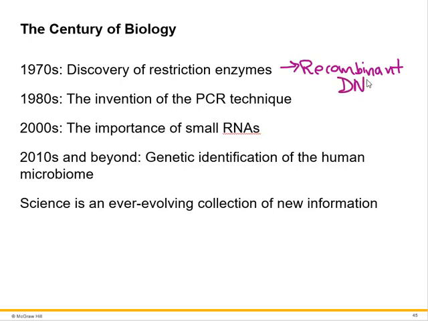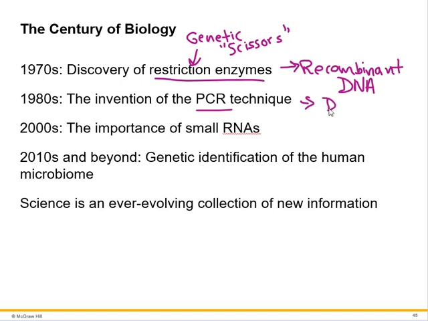We were able to add a piece of DNA from one organism and put it with another organism, as long as they use the same genetic scissors. And then we developed the PCR technique, which is basically like a DNA copy machine, so it can make many, many copies of DNA.